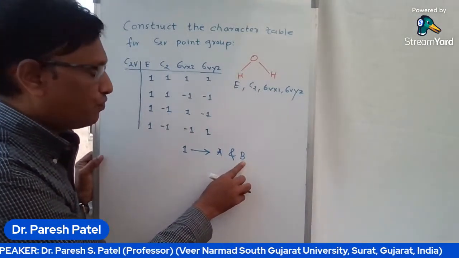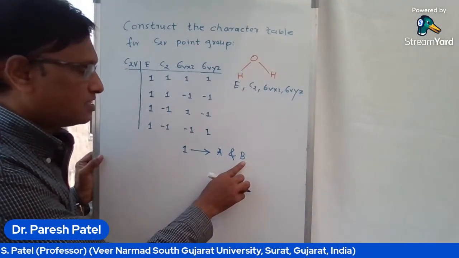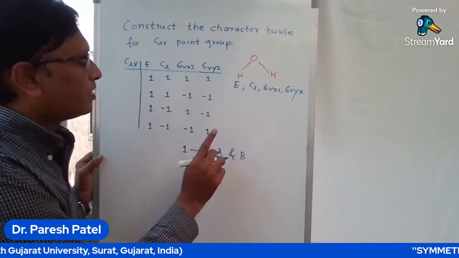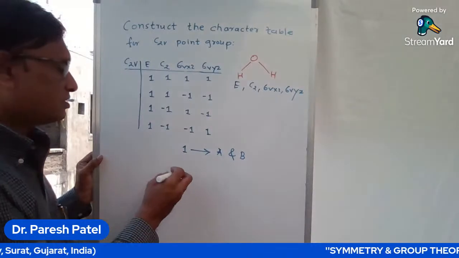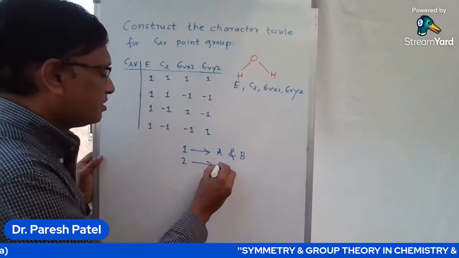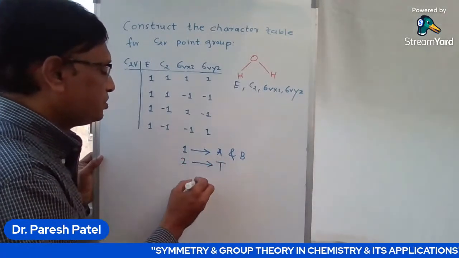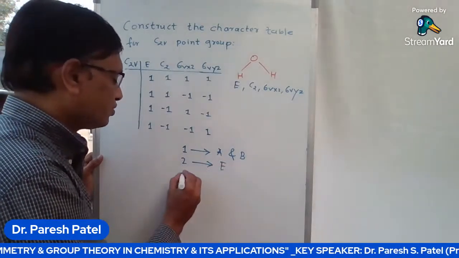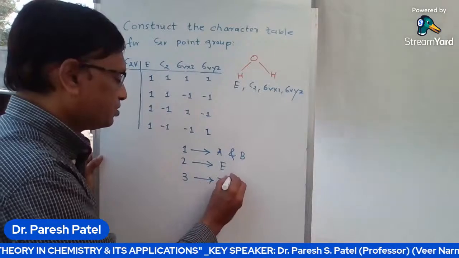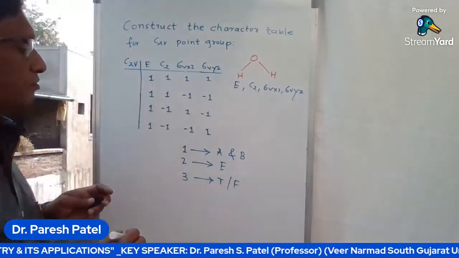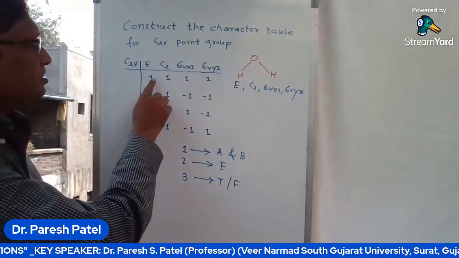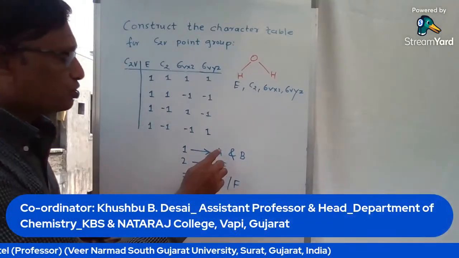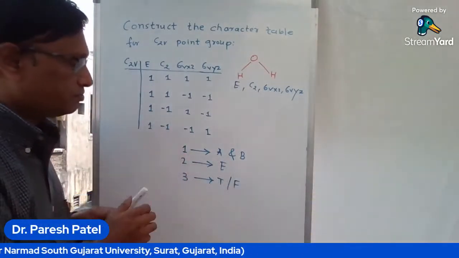And if the character for that main principal axis is minus 1, capital letter B can be used as a Mulliken symbol. For the two-dimensional, E can be used, and for the three-dimensional, T or F can be used. Okay, now here, this is one dimensional, this is one dimensional, this is again one dimensional. So A or B can be used.